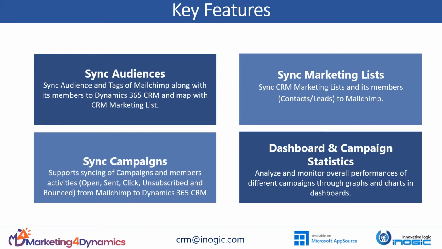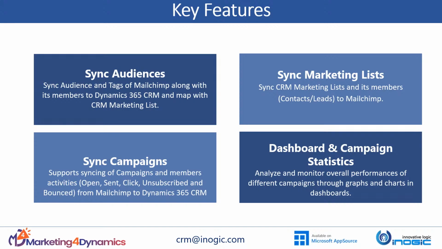Continuing with the same analogy and example, if while prospecting for Marketing for Dynamics product, me as a sales rep come to know that a prospect can be pitched our other offering, the lead assignment and distribution automation, all I need to do is just add the prospect name into the marketing list associated with the appropriate tag, and then the information will be synchronized automatically with the Mailchimp. And then the marketing team can come into action and they can start their campaigns.